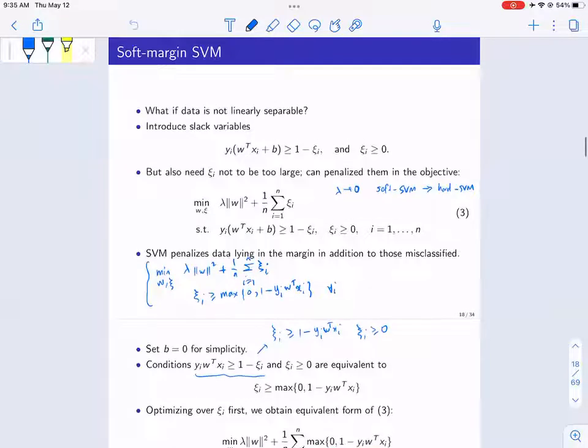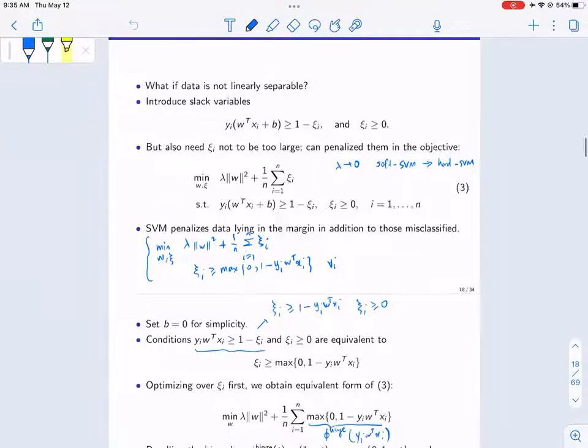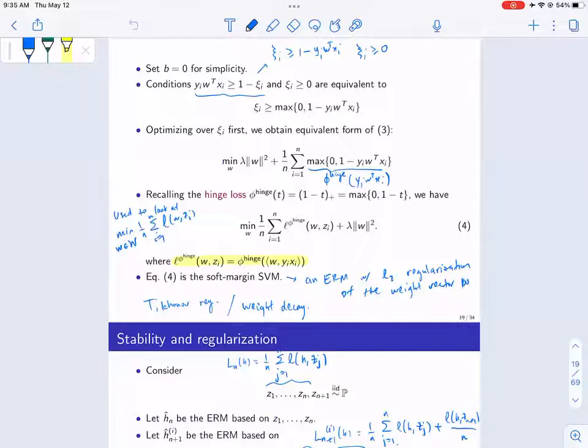So last time we talked about soft margin SVM, and we saw that you can write this as basically an empirical risk minimization with a regularization term.